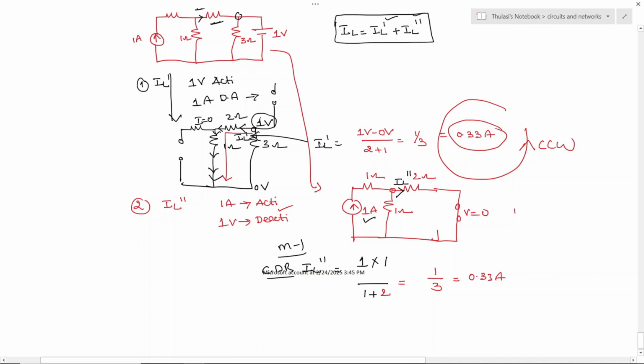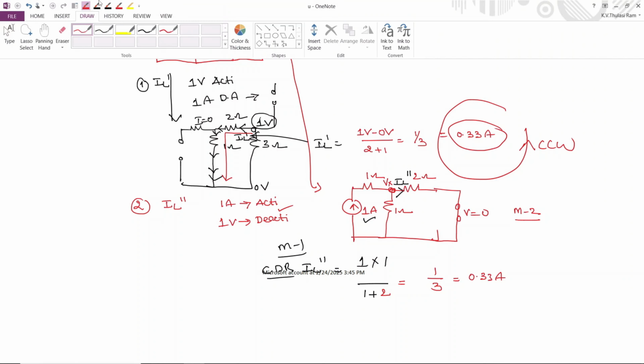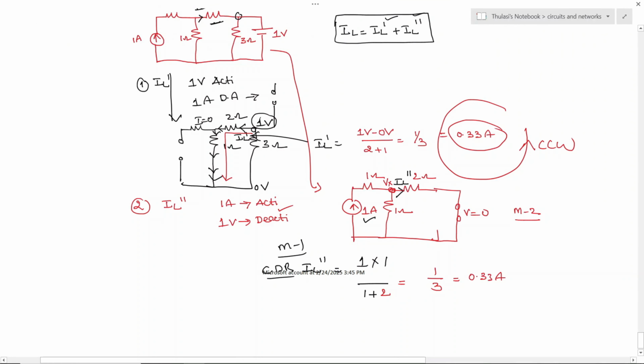If you have any doubt, let's try to do it by method 2. By method 2, we will mark this as a node, Vx. Now let's try to find the value of Vx. This is the current entering the node, and this is the current leaving the node, and I am assuming the current is also flowing in this direction in the three branches.